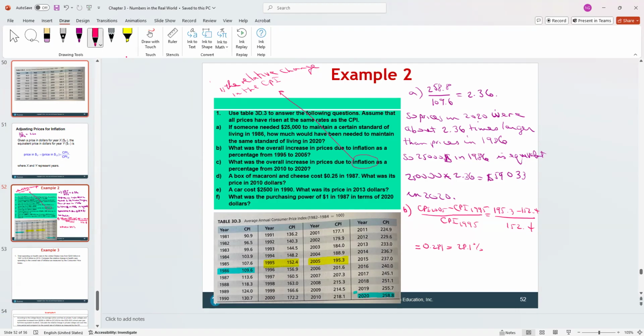Okay, so that is the inflation over the span of 10 years, because 1995 to 2005 is 10 years. It's not an annual rate, it's the total inflation. So there's a big inflation, 28.1%. So that's how you compute all of this.